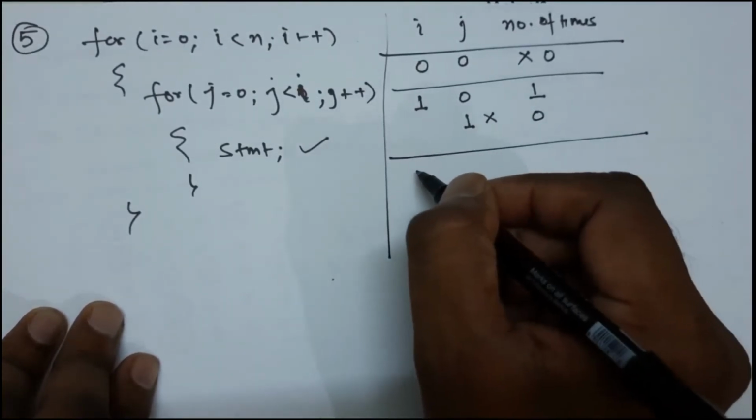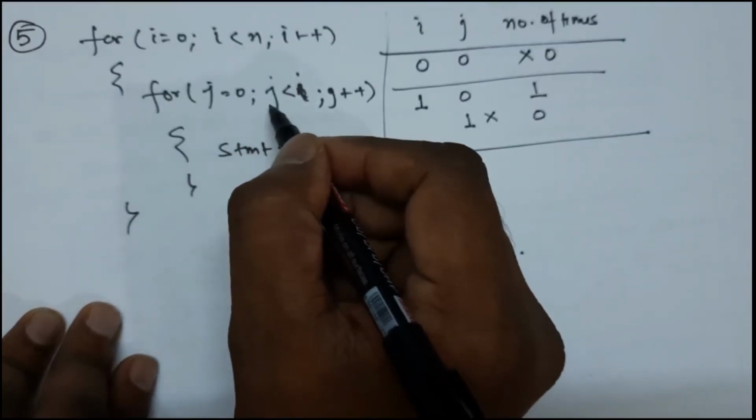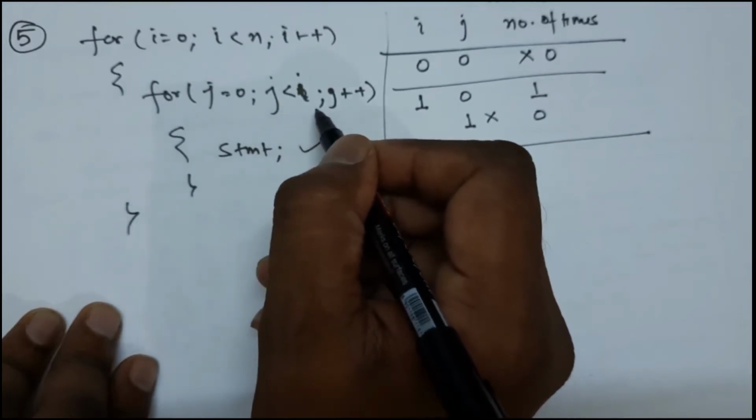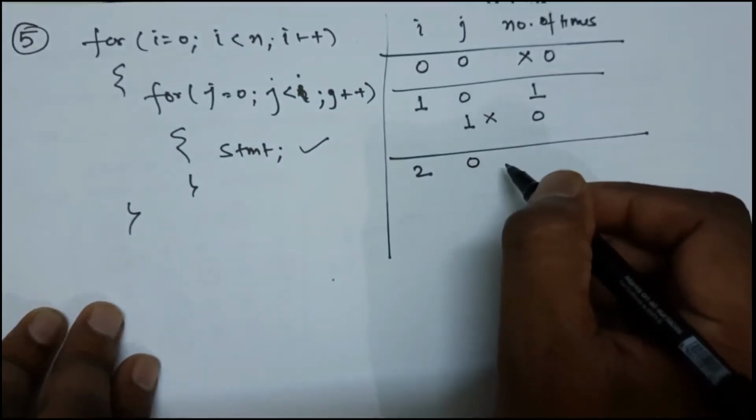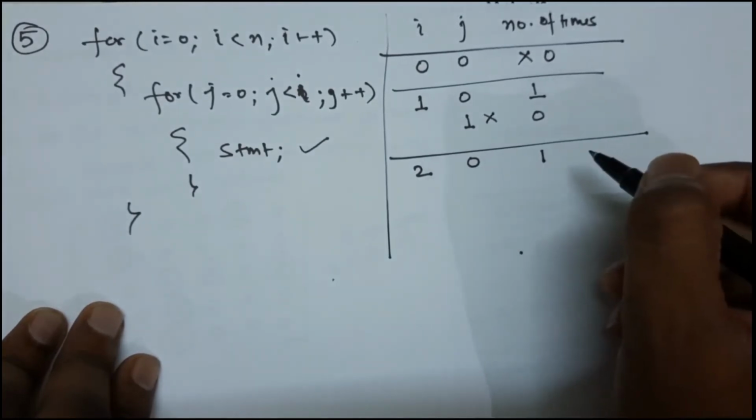Now i equals 2, so this loop will be running for j equals 0 to j less than 2. So it will run for the 0 value of j, executed one time.